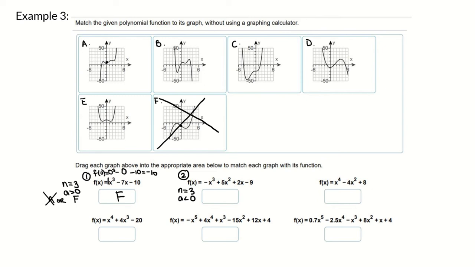So the two graphs that meet the end behavior requirements are graph B or graph D. So again, let's plug in x equals 0 to compare these two graphs to decide which one is correct. f of 0 would be -0 to the third plus 5 times 0 squared, which is 0, plus 2 times 0, which is 0, minus 9. So we get -9. Since B has a positive value at x equals 0, the correct option for this graph is D.